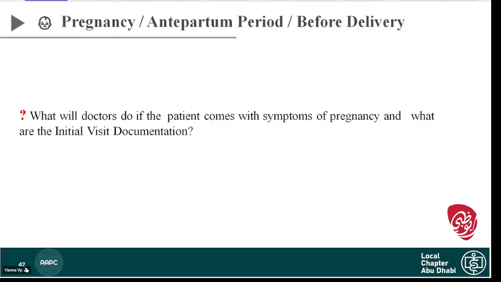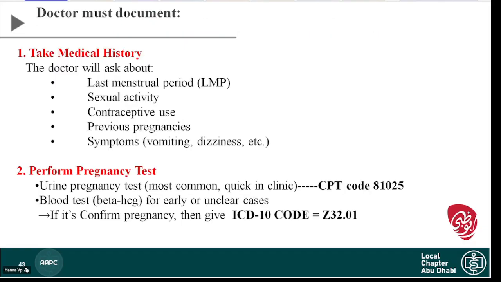So, guys, the first thing the doctor must document is the medical history. This is one of the main things we should confirm before confirming the patient is pregnant. The doctor will ask about these things from the patient. What will they collect, guys?